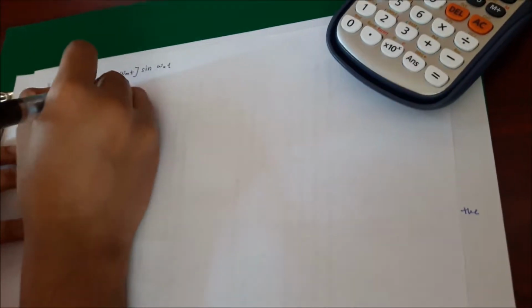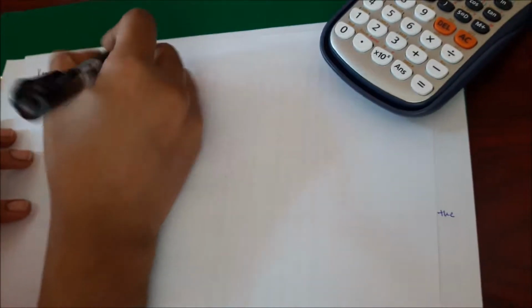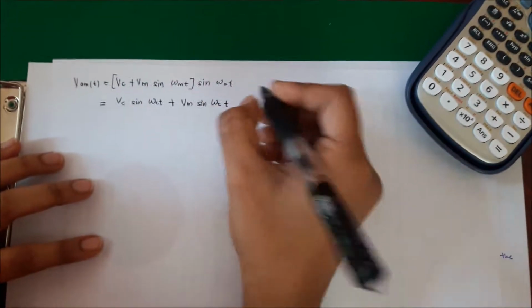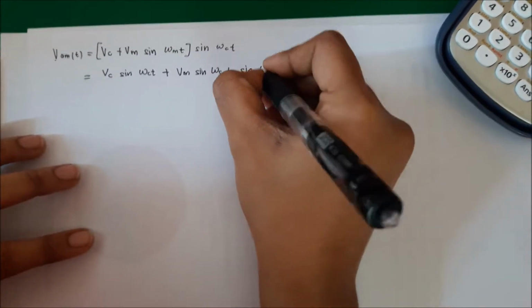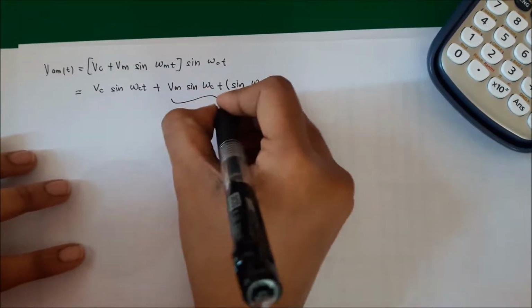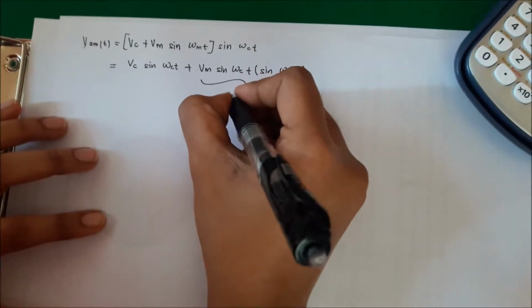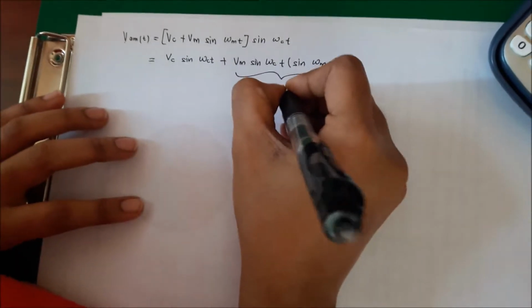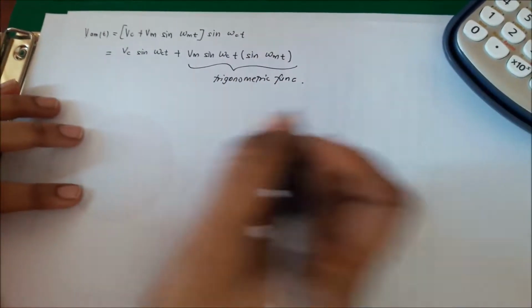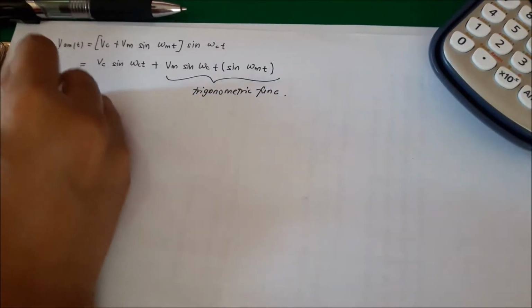So Vc sine omega c t plus Vm sine omega c t sine omega m t. This expression shows us that we are supposed to involve a trigonometric function.